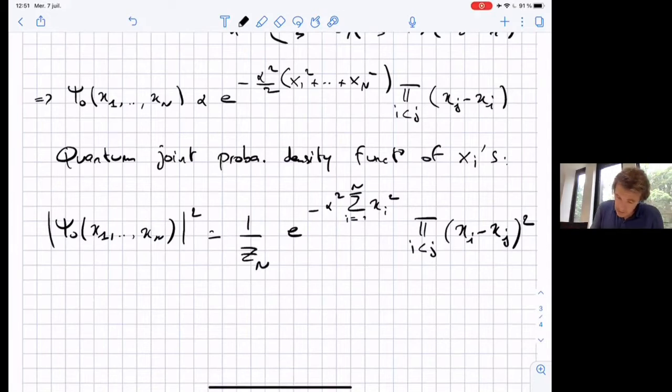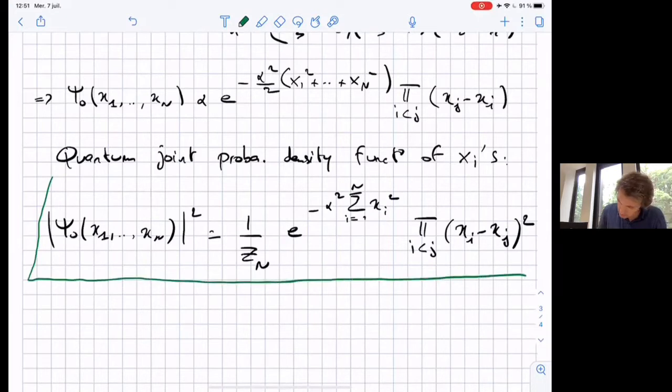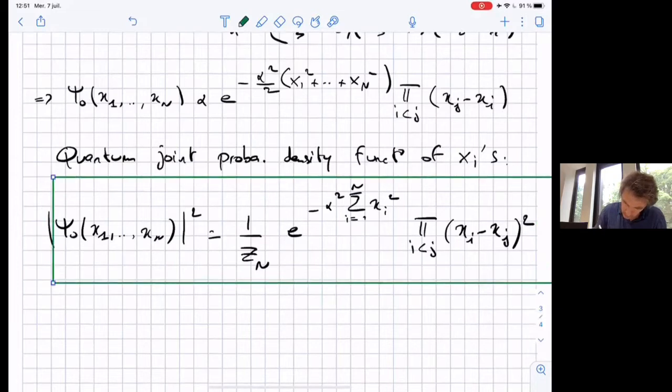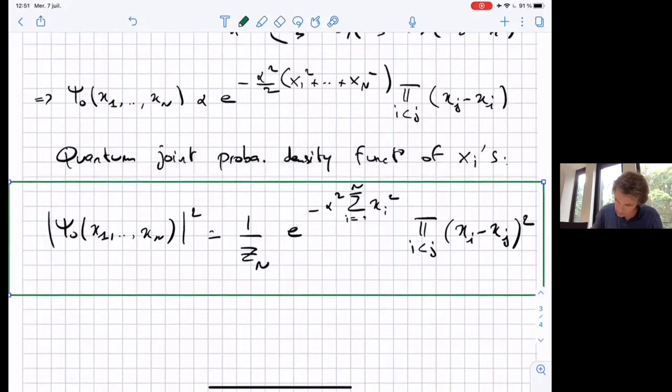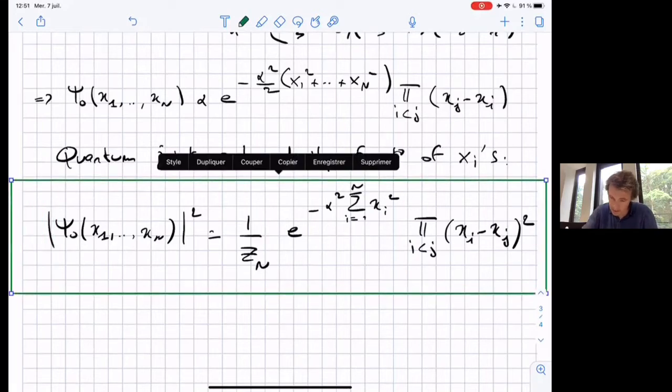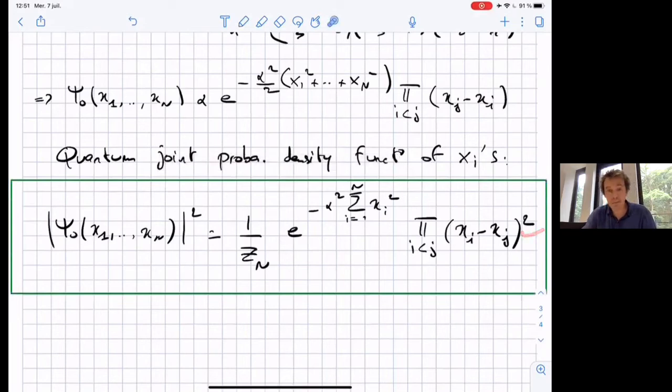Now, this is quite nice, right? Because this is extremely similar to the joint PDF of the eigenvalues of Gaussian random matrices that we have studied before, with a special value of beta, which turns out to be beta equals 2.